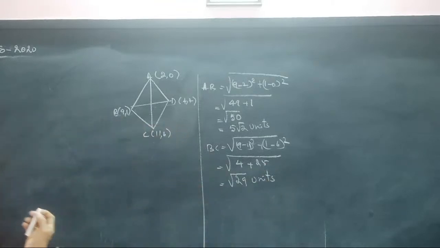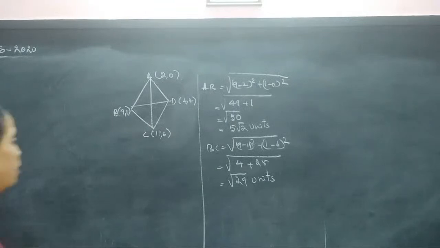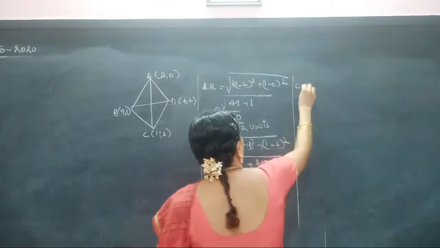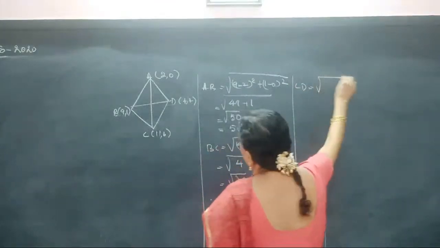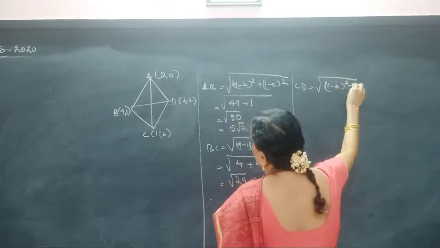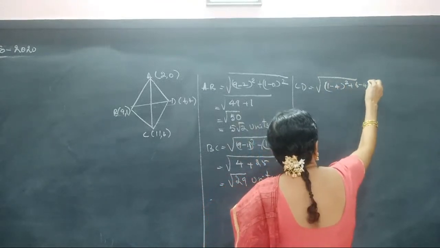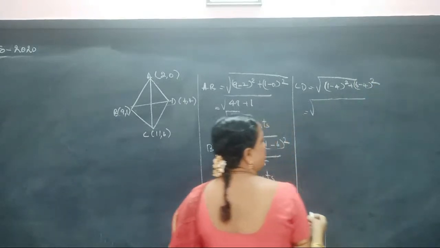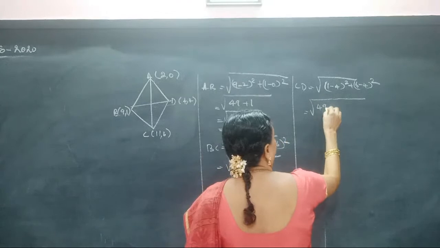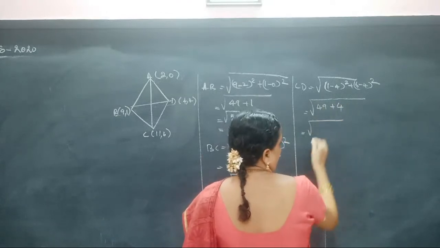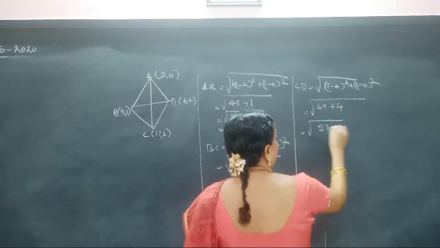In the beginning we got 5 root 2, the second one is root 29. Check out CD. What is CD? It is root of (11 - 4) whole square plus (6 - 4) whole square. 11 minus 4 is 7, 49 plus 4, it is root 53 units.